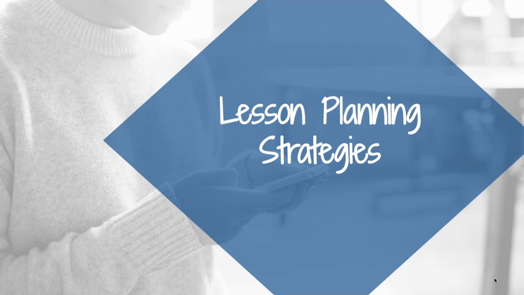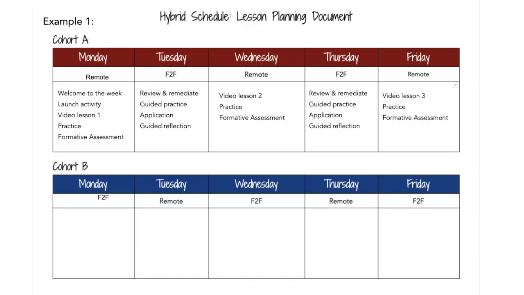When you're ready to start planning your lessons and mapping them out across the different days or weeks, here are a few examples, strategies that you could use as far as what that format could be. The biggest thing though is don't create more work for yourself by planning every single day for both remote and face-to-face. You're going to end up with twice as much work if you do that.